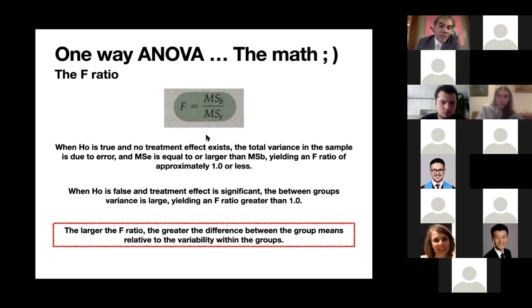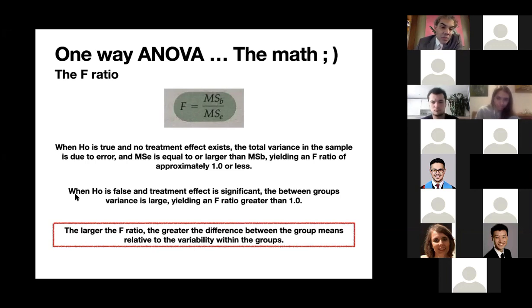What all of this is saying is that when there's no treatment effect, the error, or the variability within groups, will be bigger than or equal to the variability between groups, and my ratio will be 1 or less. So what I want to say here is that when my F is bigger, it's easier for me to find statistically significant results.